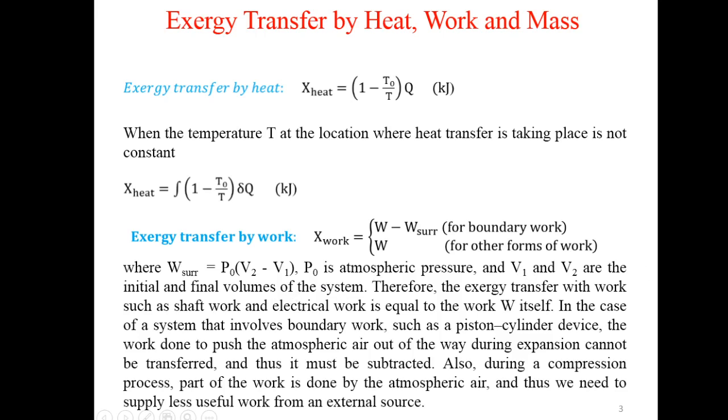Therefore, the exergy transfer with work such as shaft work and electric work is equal to the work W itself. In the case of a system that involves boundary work such as a piston cylinder device, the work done to push the atmospheric air out of the way during expansion cannot be transferred, and it must be subtracted.